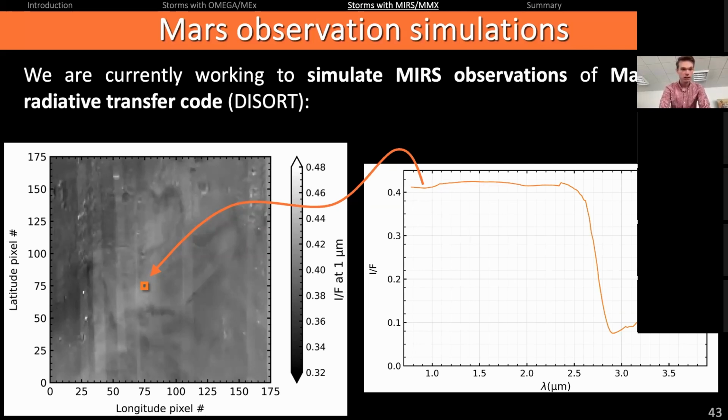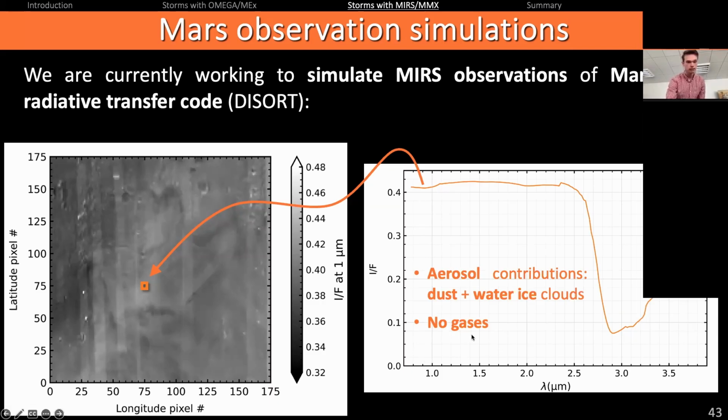And with the current version of this code, we are only able to have the aerosol contributions, so the dust contribution and the water ice contribution, in the final version of the spectra, which is the output of the code. And we do not have gases. This is the current step that we want to implement in the code.